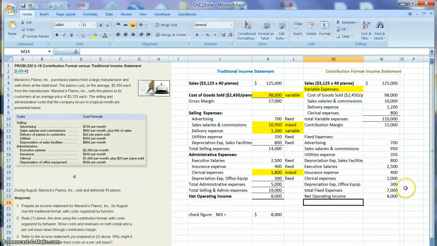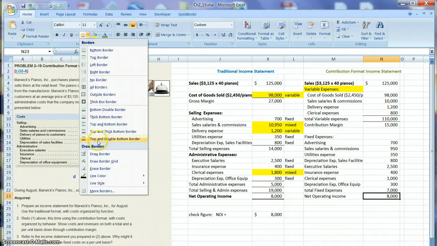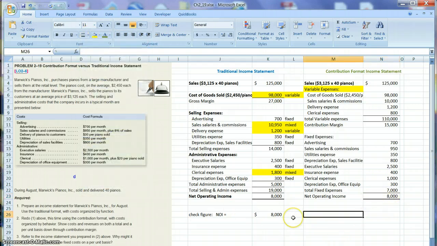And as I mentioned before, the two should equal, and they do. So essentially what we're doing is just reclassifying the traditional income into a contribution margin format.